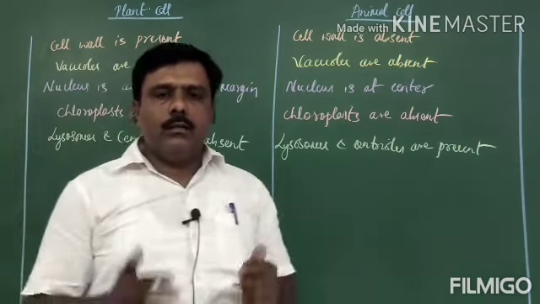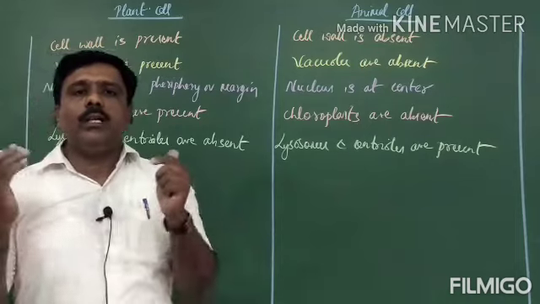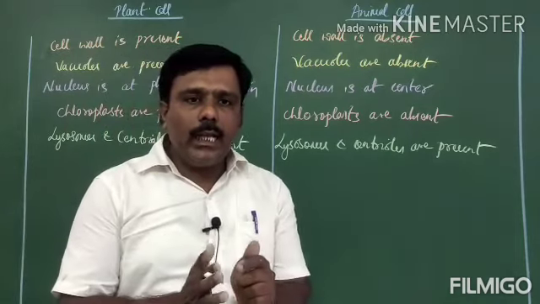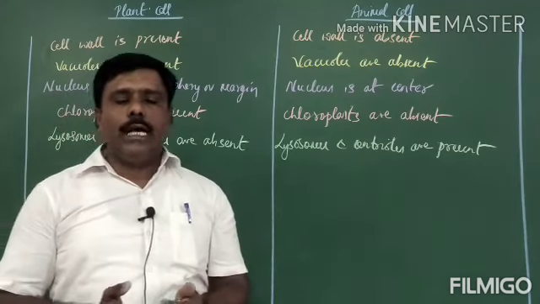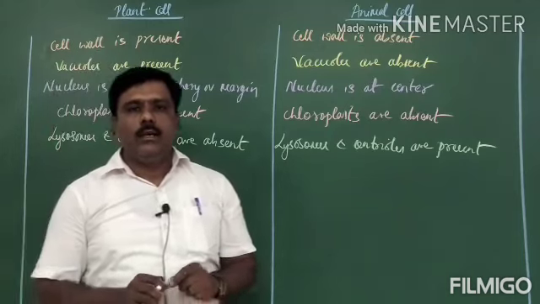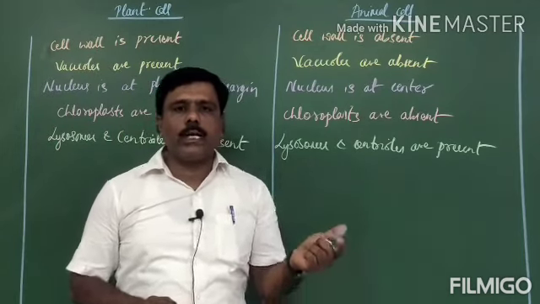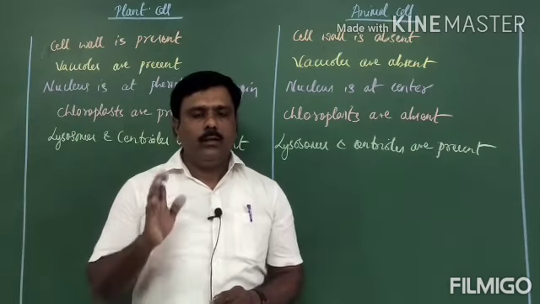In the next classes we will discuss one after the other, in detail, the structural and functional aspects of the eukaryotic cell, whether it may be a plant cell component or an animal cell component. Okay, good luck.